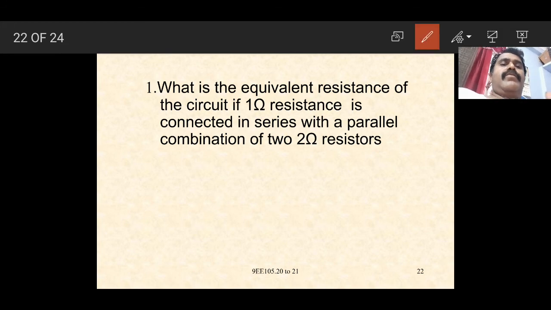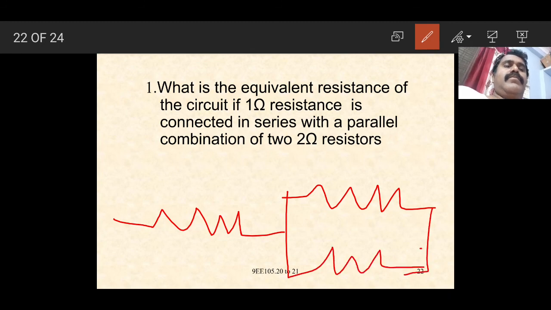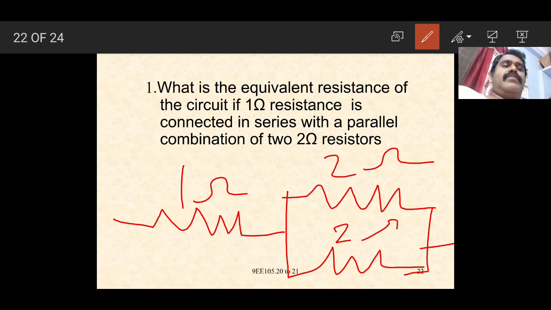Again here the 1 ohm resistor is connected in series with the parallel combination of two 2 ohm resistors.